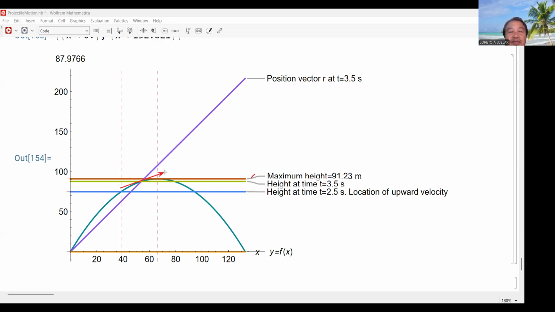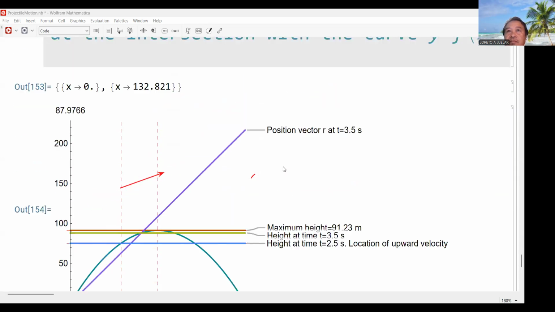So the slope here is the y component of velocity with respect to the x component. So it is the velocity after a time of 2.5 seconds. Right, so that's all.